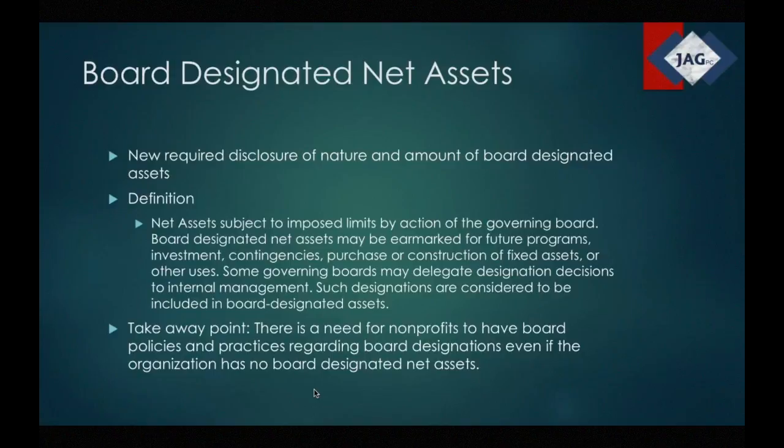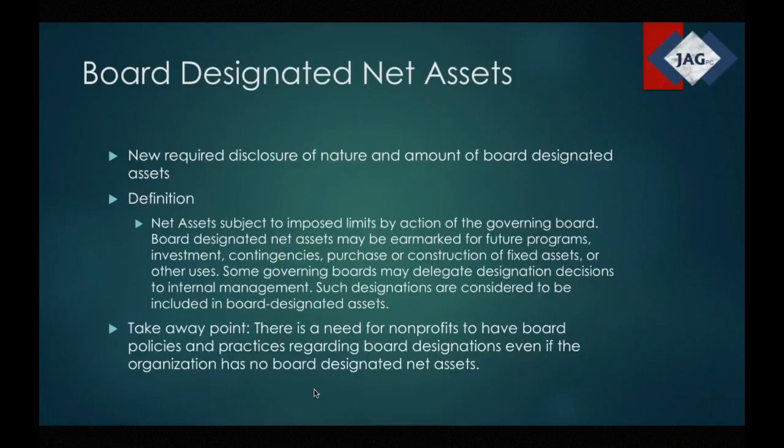The net assets are subject to imposed limits by action of the governing board. Board designated net assets may be earmarked for future programs, investment, contingencies, purchase or construction of fixed assets, or other uses. Some governing boards may delegate designation decisions to internal management. We'll go back to that sentence in a minute.